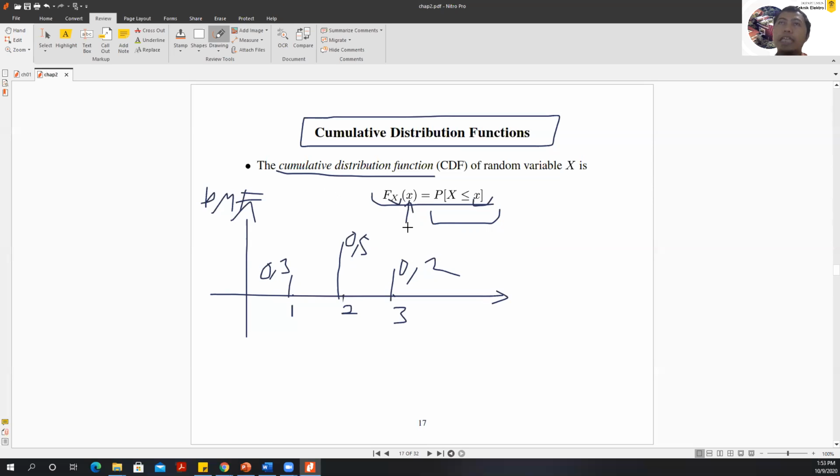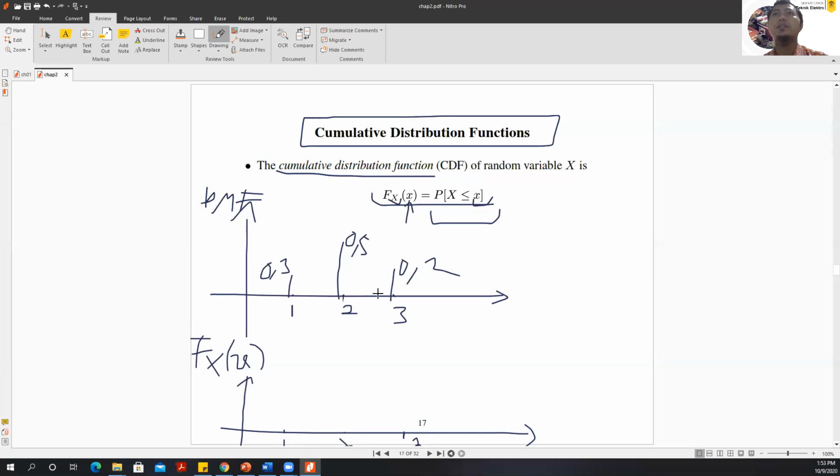How about the CDF, the cumulative distribution function? I will draw it: F of X, small x here, starting at 1, then 2 here, and 3 here.